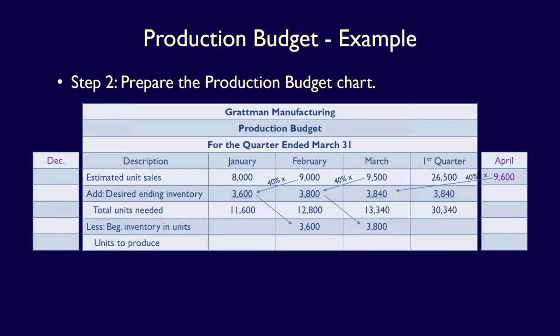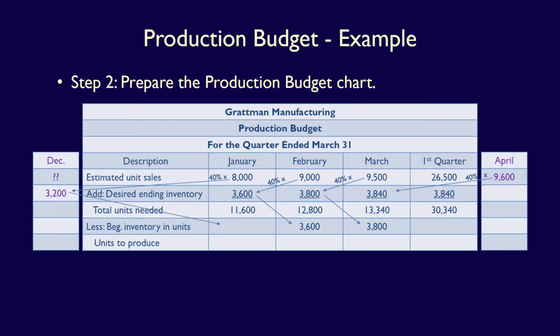If we now add an additional column for December at the start of the chart, we can do some calculations. We don't know what the estimated unit sales were for December, but we do know that December's desired ending inventory was 40% of the estimated sales volume in January. That's 8,000 units multiplied by 40%, which is equal to 3,200 units, which is December's desired ending inventory.